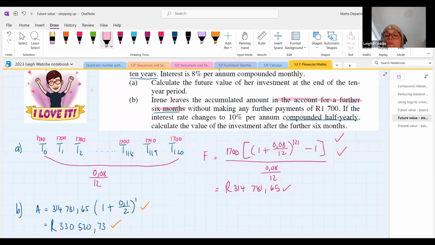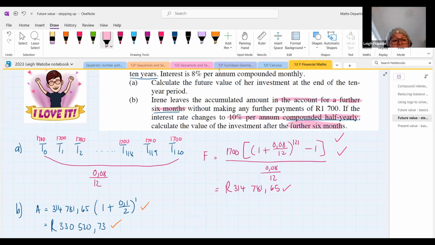She doesn't make any further payments. If the interest rate changes to 10% per annum compounded half yearly, calculate the value of the investment after the further 6 months. So the further 6 months represents one period, because that's how often the interest is compounded.